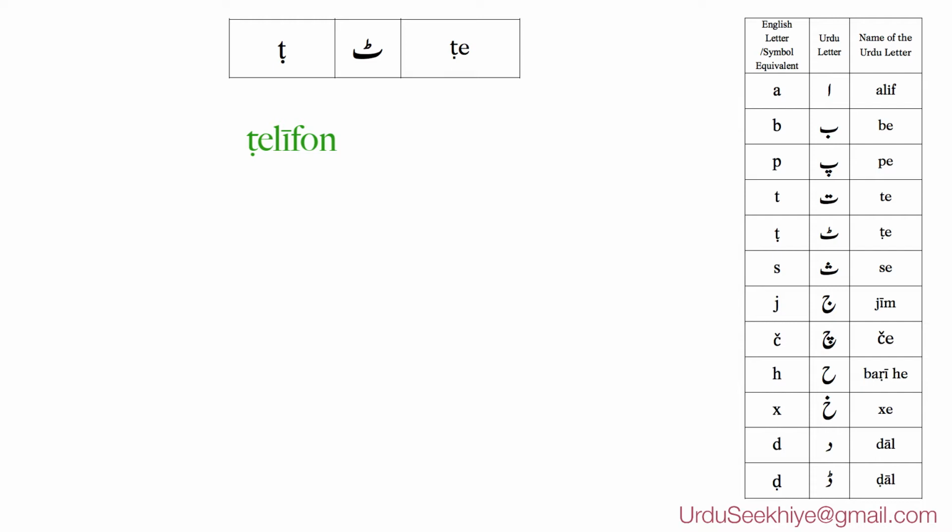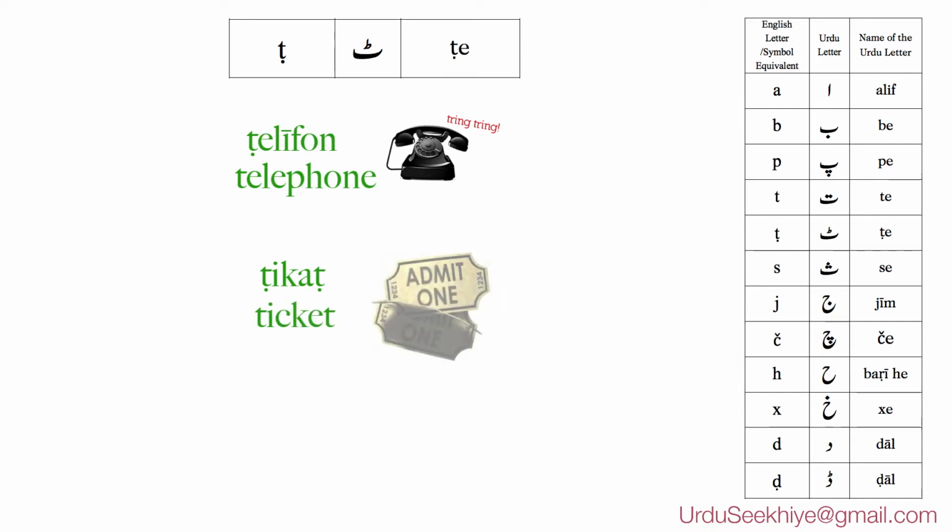Our first word starting with te is telephone. Telephone, which you can guess means telephone. So it's not telephone, it's telephone with the hard T. Next is ticket. It not only begins with the hard T, but it also ends with it. If you were to guess what ticket means, you'd probably guess ticket?